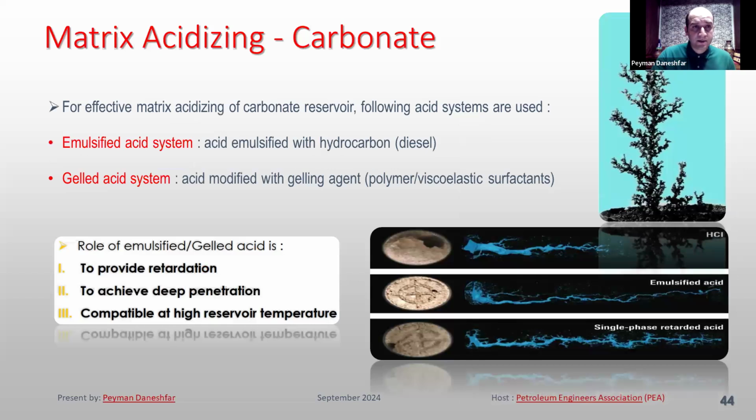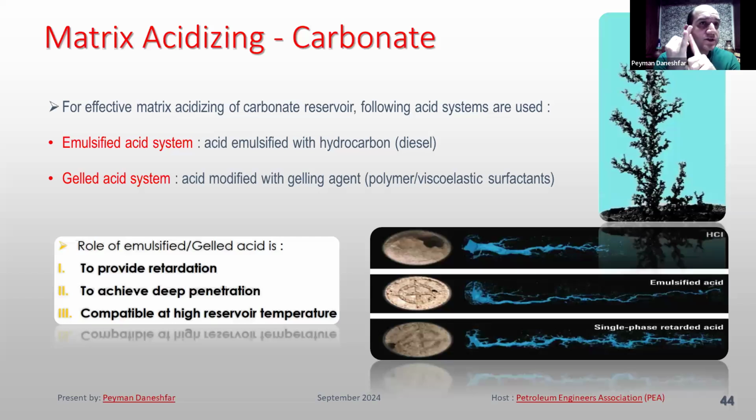Matrix acidizing carbonate, okay. When we want deeper penetration, when we want to provide retardation, when we want our acid to be compatible with the reservoir temperature, we use some retarded acid or emulsified acid or gel acid to provide retardation and achieve deep penetration.